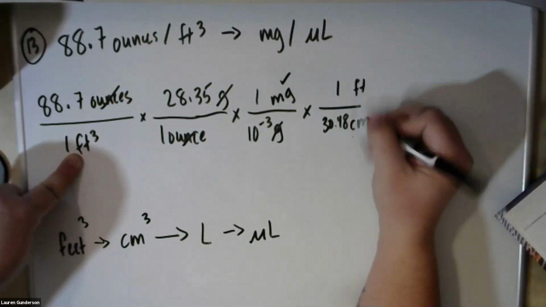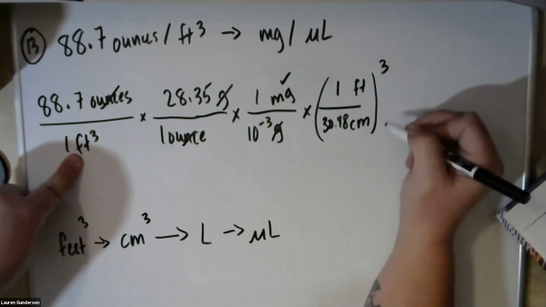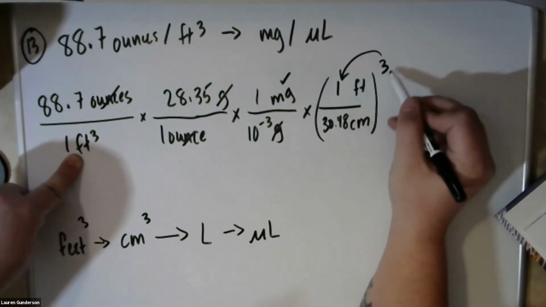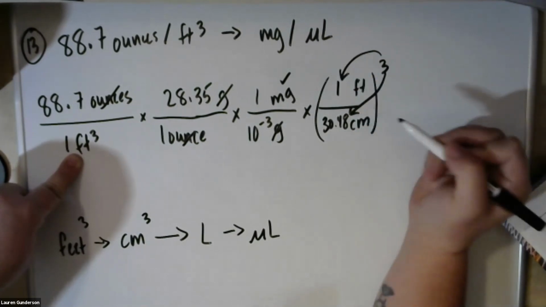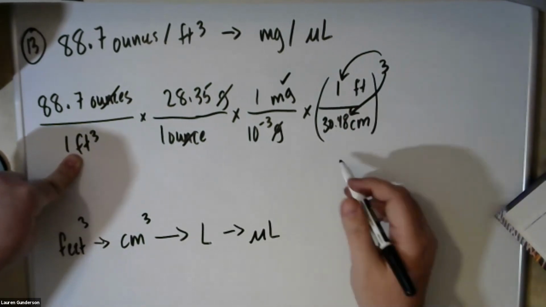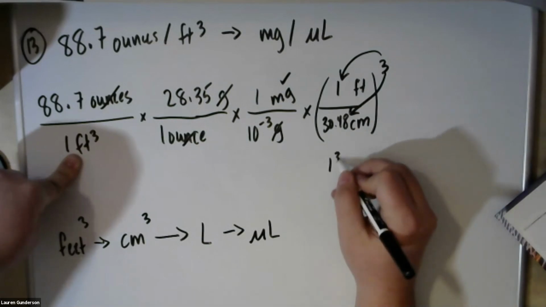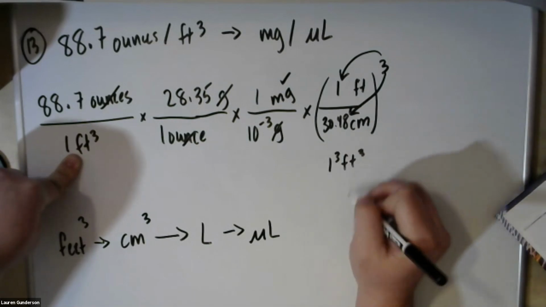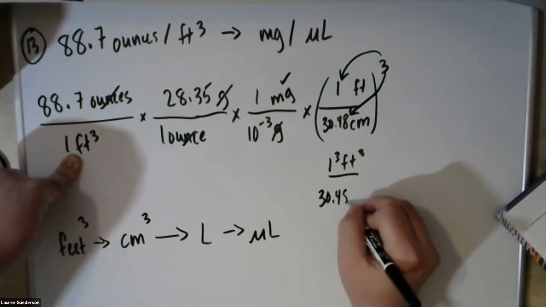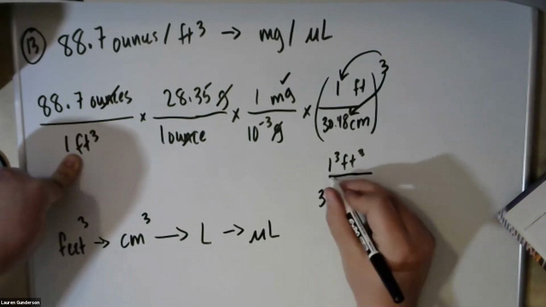Okay, once I fill this in, now I'm going to cube this entire thing. I'm going to remember to cube the numbers that are inside of it as well. You can't forget to cube those numbers. So what you're really doing in here is 1 cubed times foot cubed over 30.48 cubed centimeters cubed.